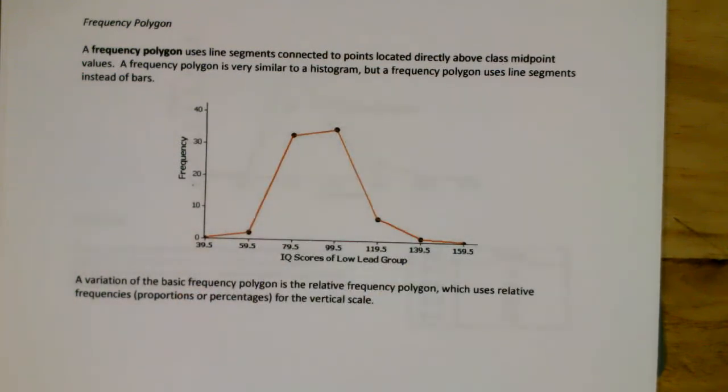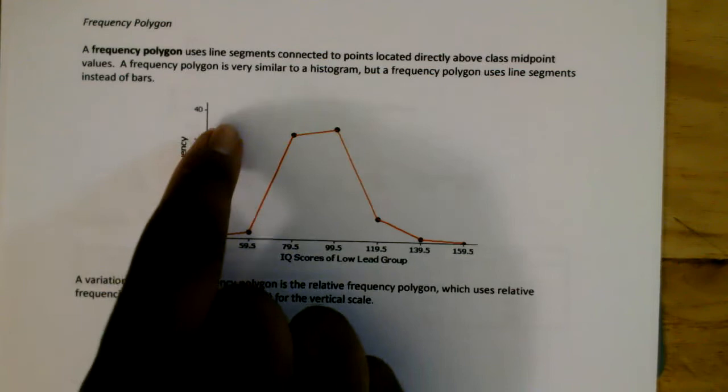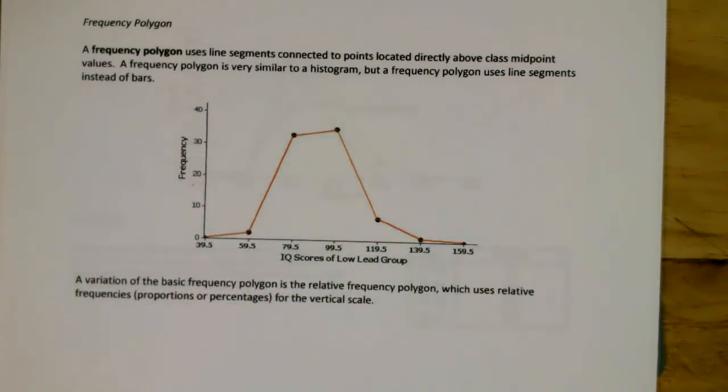Now here, a variation of the basic frequency polygon is a relative frequency polygon that uses the relative frequencies or proportions or percentages for the vertical scale. In this case, we're just using the frequency. But for a relative frequency, we of course use a percent.